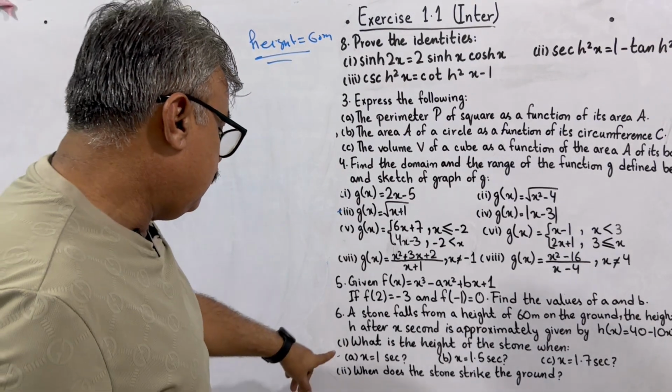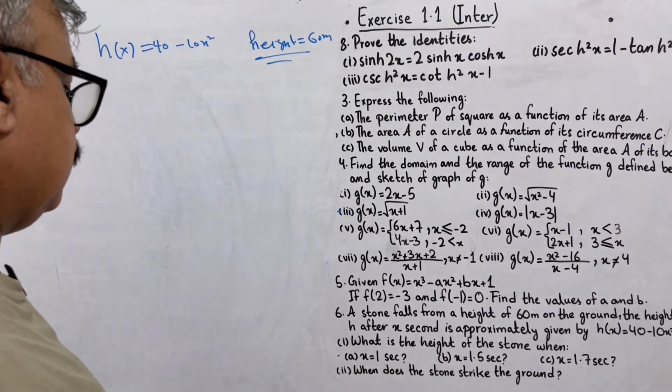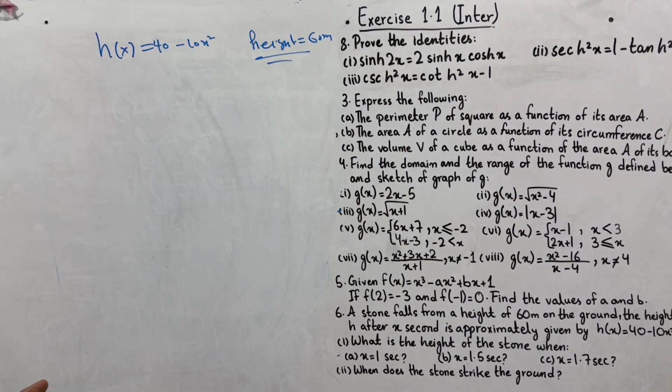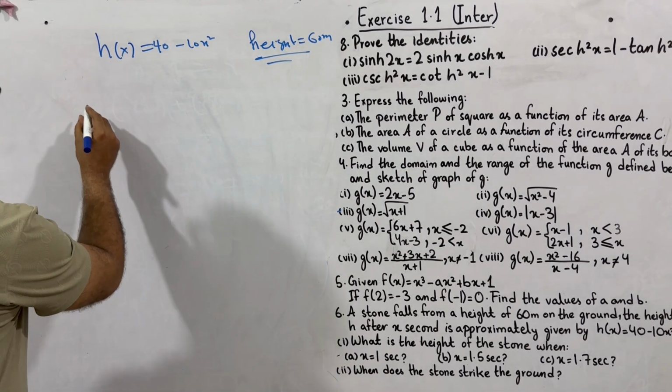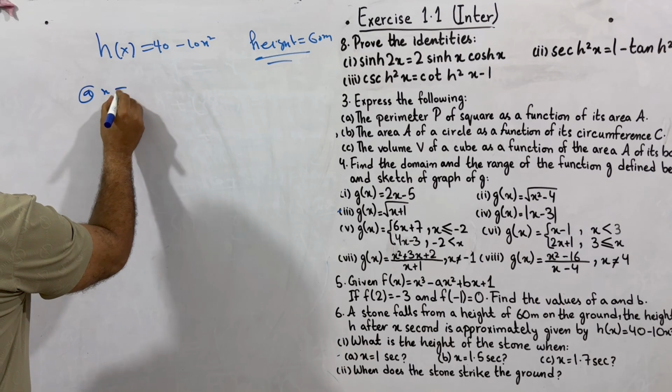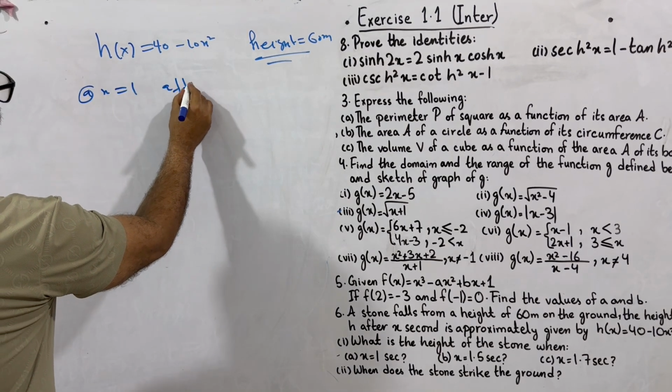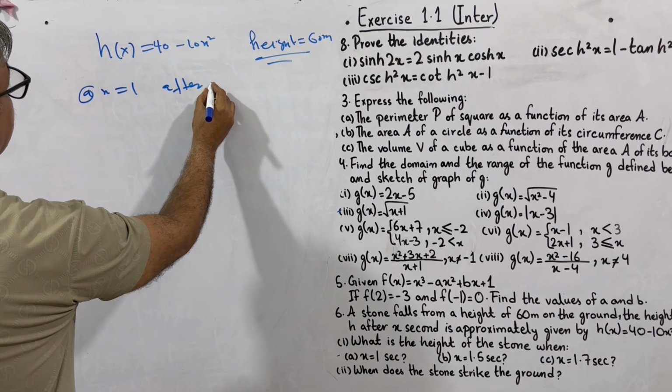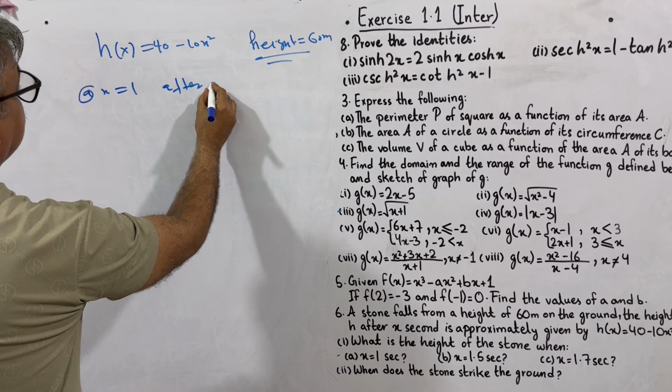Okay. What is the height of the stone after x is equal to 1, after 1 second, after 1.5 seconds, after 1.7 seconds? Just simply put the values here. After 1 second, what is the position of the rock or stone?